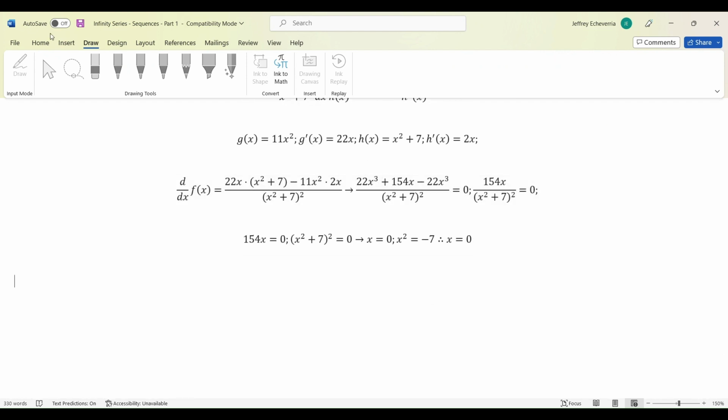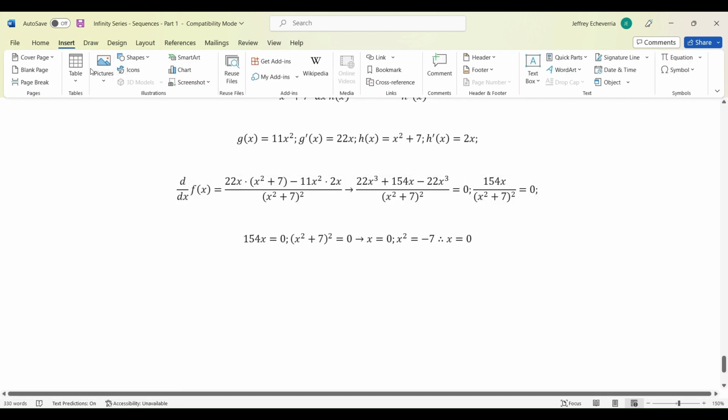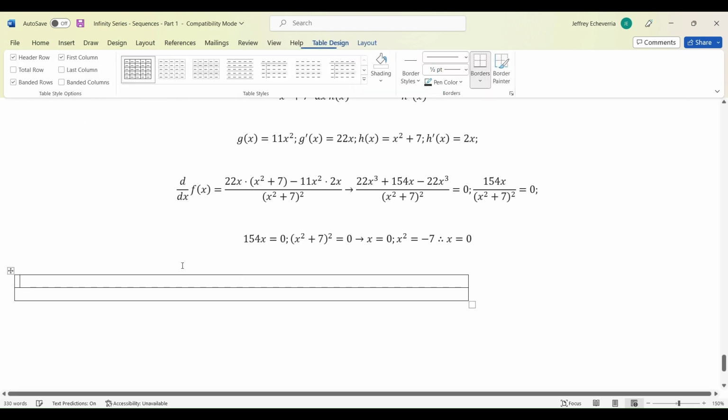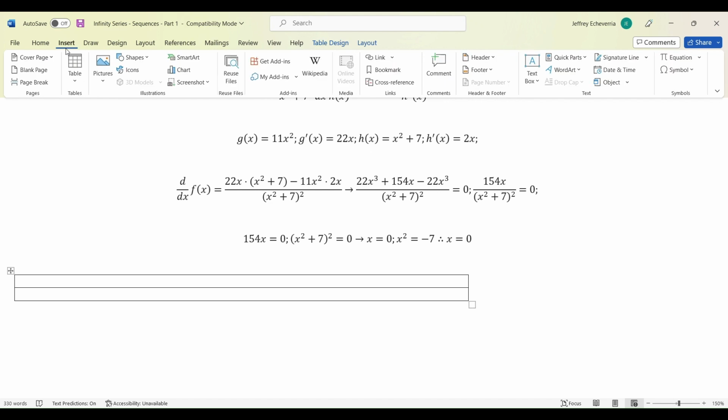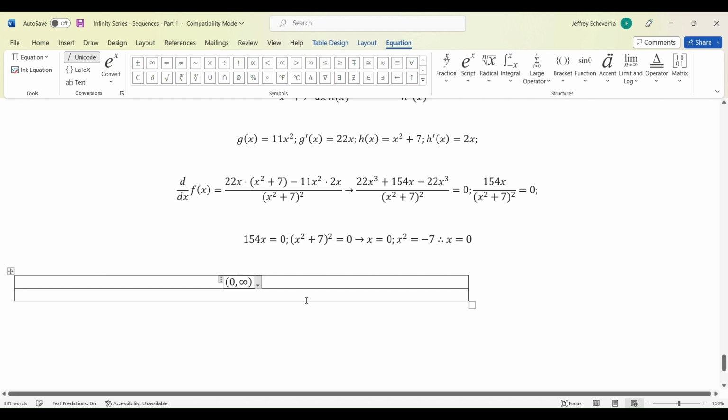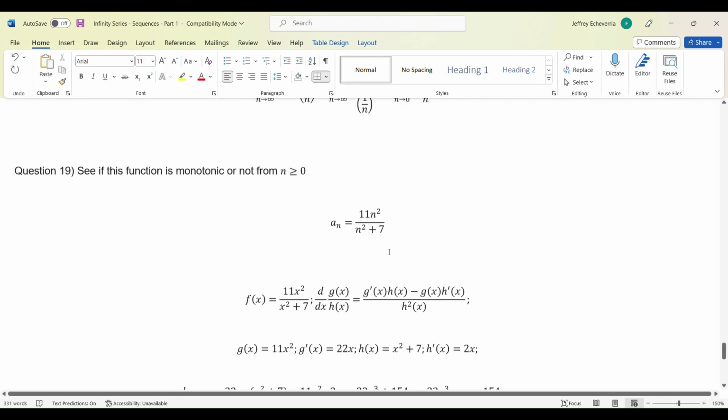But we don't have to do both sides. We just need to do one of the sides. So from 0 to infinity, because remember from the question, we only care when n is greater than 0.